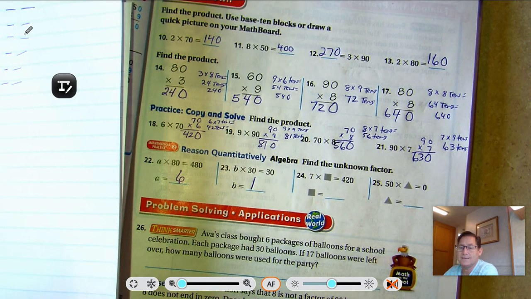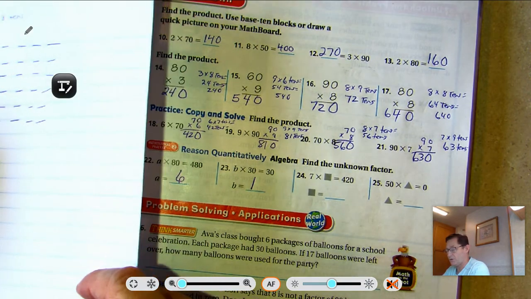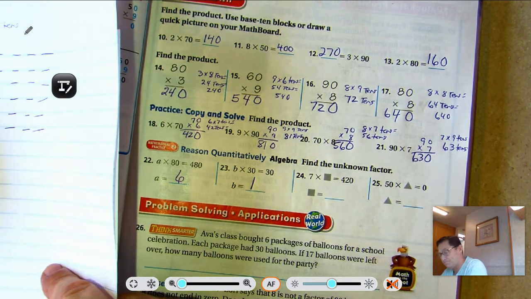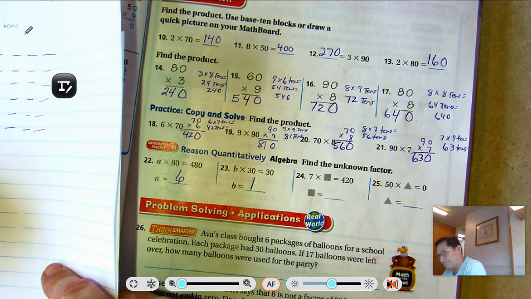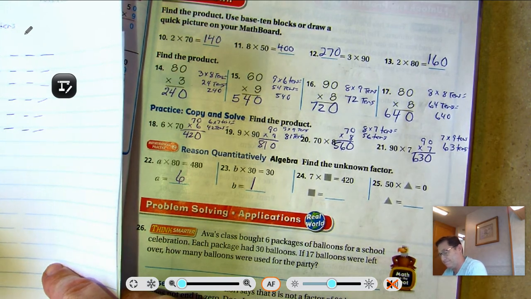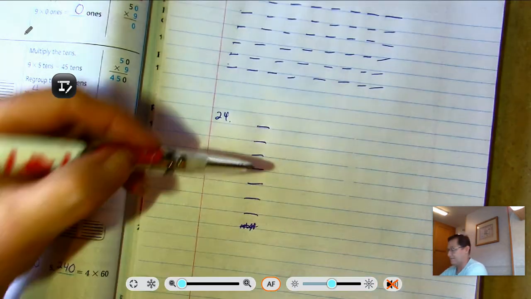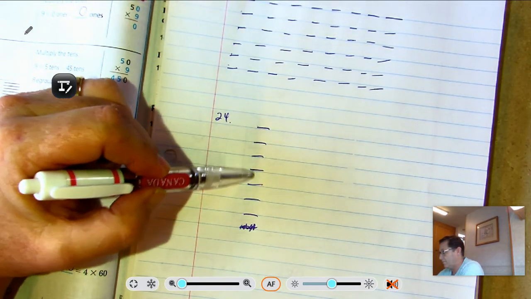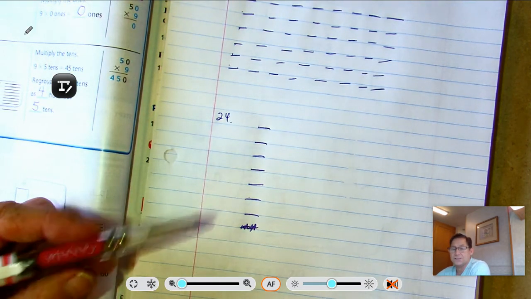7 times what is 420? So this time they're showing you that there's going to be 7 sets of tens. Okay, so 7 sets of 10. 1, 2, 3, 4, 5, 6, 7. 7 sets. And we need to get to 42.